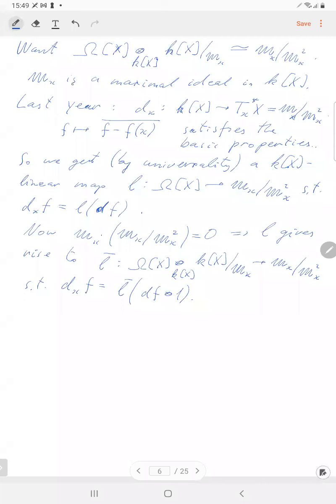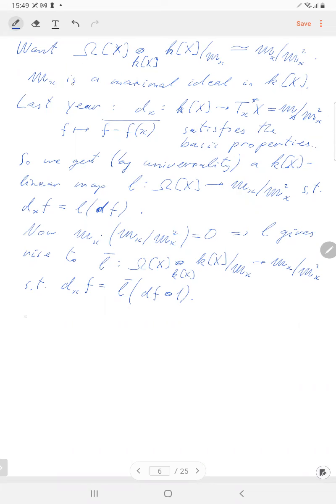Okay, and we were almost done. So we constructed the map in one direction, and now we want to prove that it's an isomorphism. So we have to construct some inverse map, and again, the inverse will be constructed by the universality property.